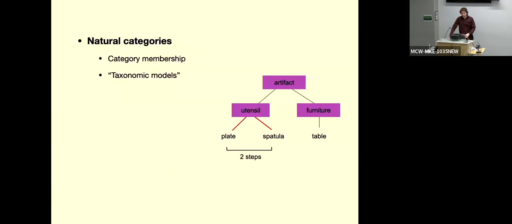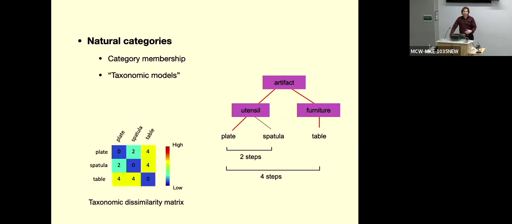But to get from plate to table, you need 4 steps. So that would be the distance between these words: between plate and spatula 2, between plate and table 4. And so you can create this similarity matrix, which tells you for each pair of words what the similarity distance is between them, okay?